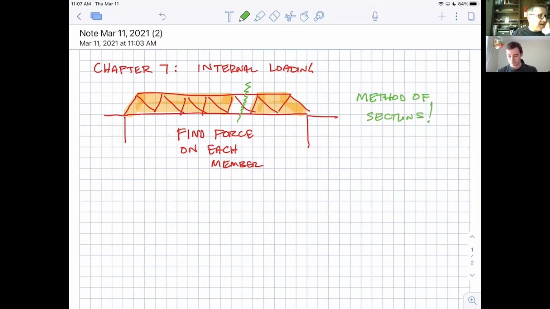What we're going to do today is extremely cool in that we're going to do the same thing with a beam. I said this before, but it bears repeating.